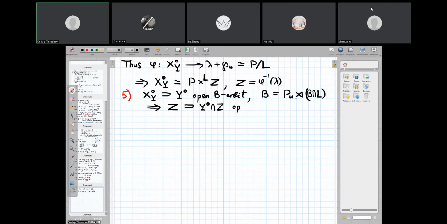So the Levi decomposition for P gives rise to the following decomposition for B, because B is inside P. Okay?